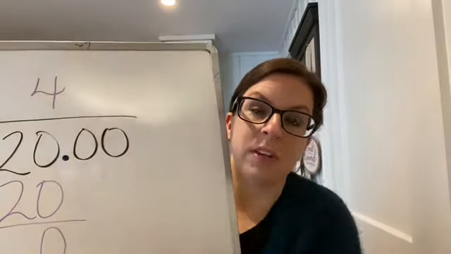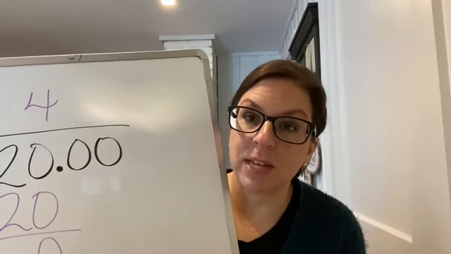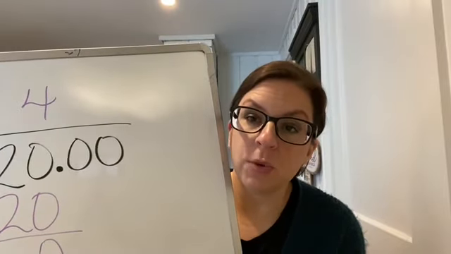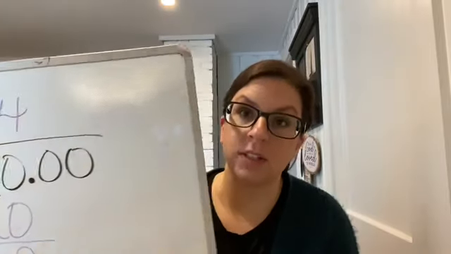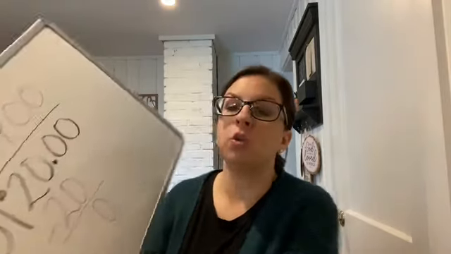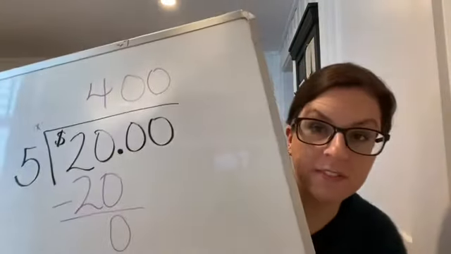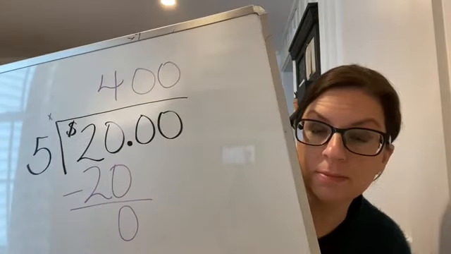So I know that it's going to go in 0 times in both of those places. So I could just put 2 zeros up there, or I can keep bringing them down and it'll come out to zeros. Okay, so I'm gonna write 0, 0. All right, now is $20 divided by 5 400?